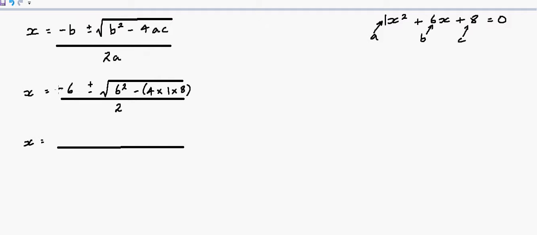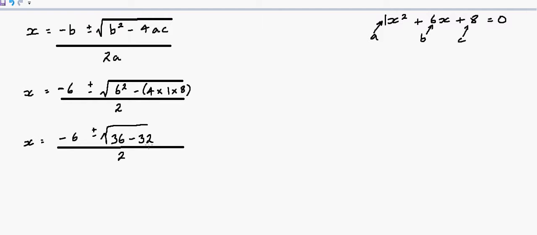So now you can see that all the A's, B's and C's have turned into numbers. So what's going to happen next is the minus 6 and the 2 are going to just stay there. All that's going to happen is this root is going to shrink as we work out what it is. So we've got minus 6 plus or minus the root of, now 6 squared, 6 sixes are 36, minus 4 times 1 is 4, and 4 eighths are 32.